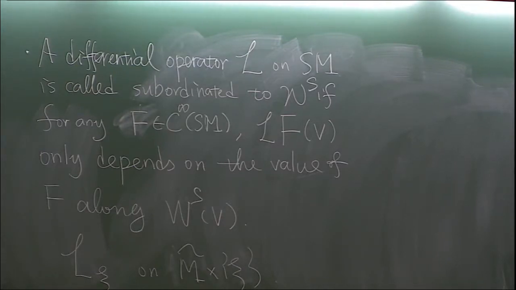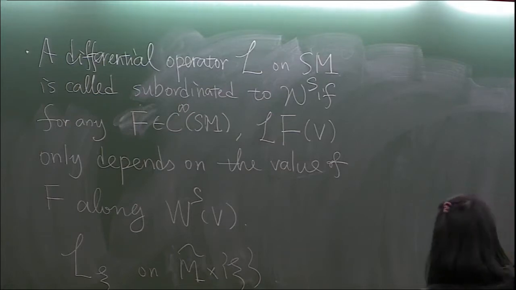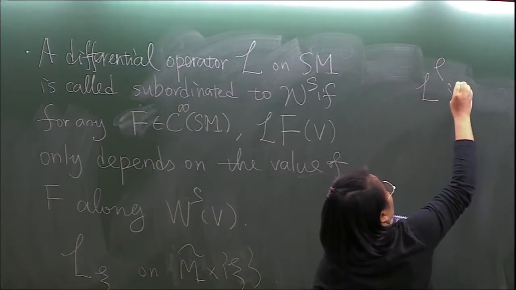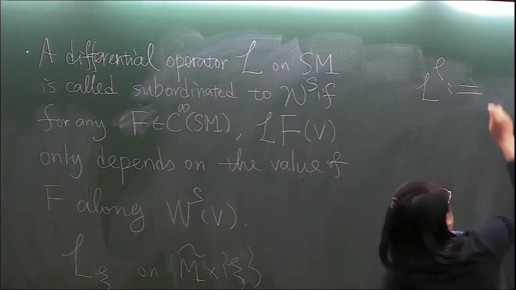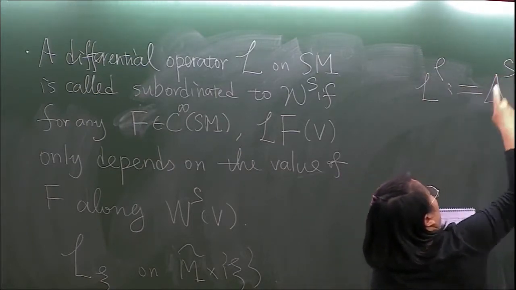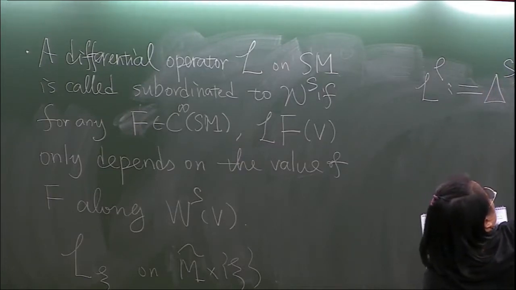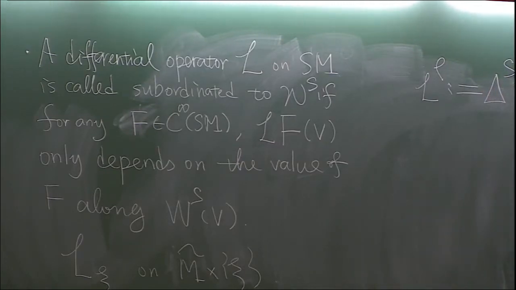So, for example, the example we have here is L_rho. We define, as the leafwise Laplacian plus rho times x bar. As we see, this operator is along the leaf, and x bar is also tangent to the stable leaf.